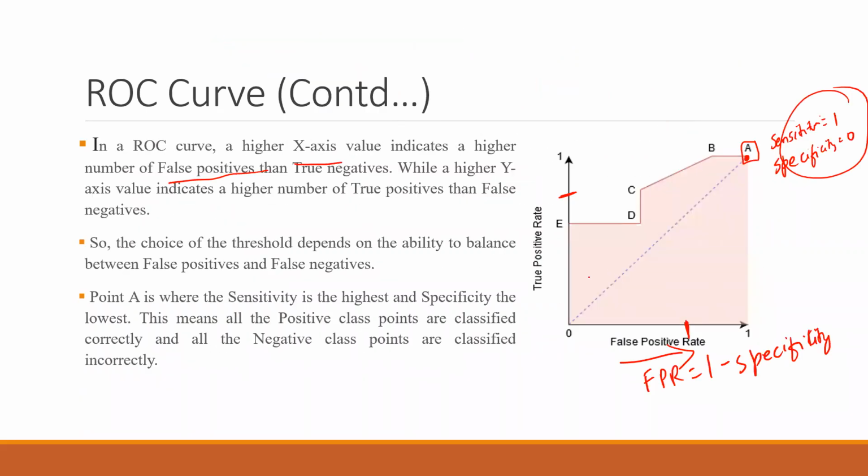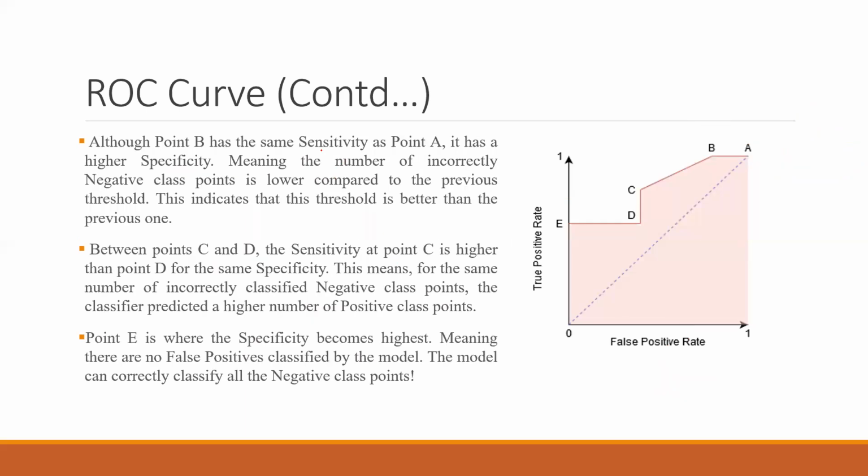So yeah, now you must be getting an idea of how to decode this. So for B, my sensitivity is 1, but specificity maybe it is 0.2. Okay, specificity nearly 0.2, sensitivity nearly 1. So depending upon these things, we can say that point B has the same sensitivity as point A. It has a higher specificity.